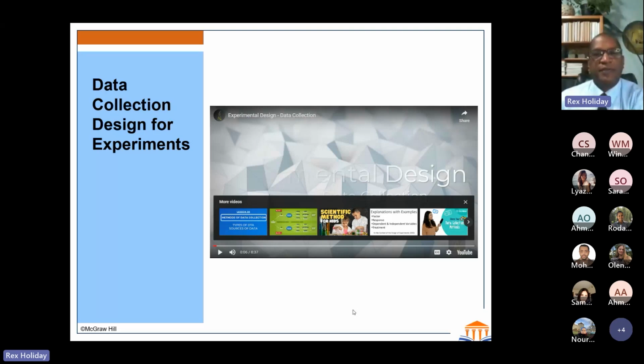Some of the differences, some of the similarities. Mr. Hussain just talked about some of the similarities, but also some of the differences. So what are some of the differences between the two types of data collection?